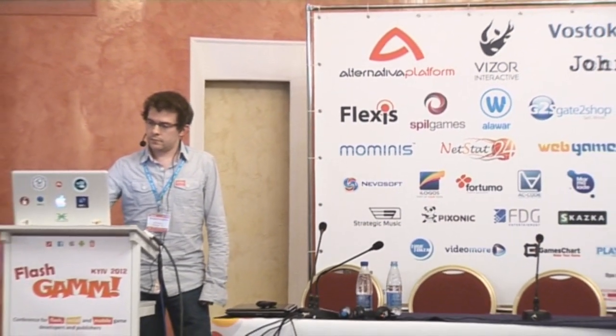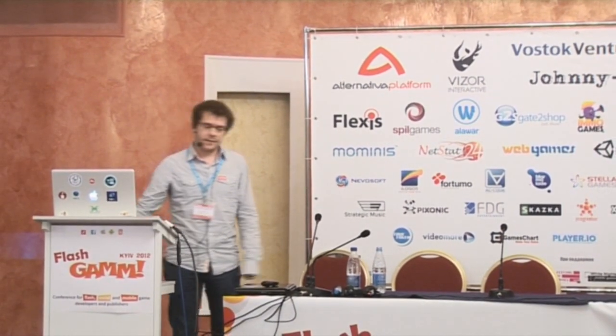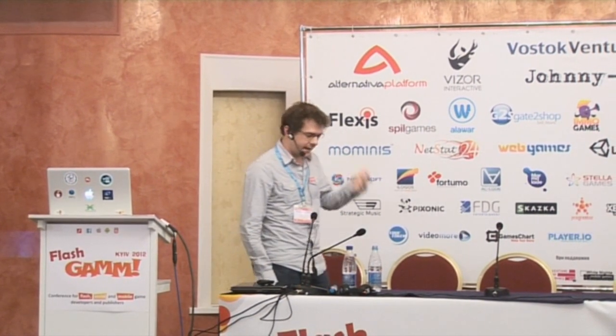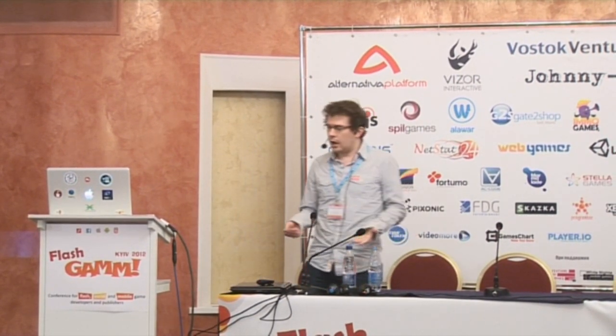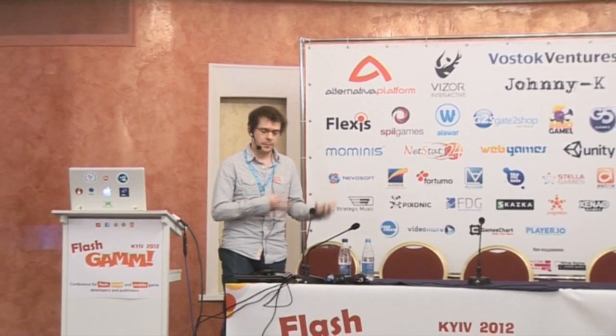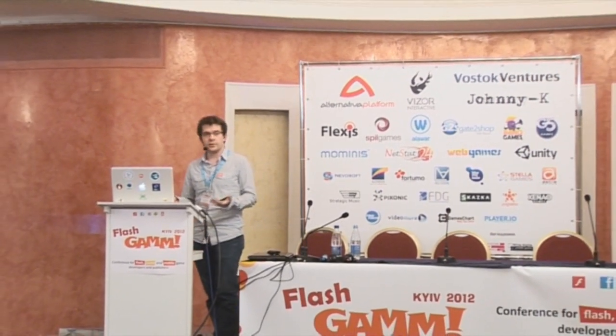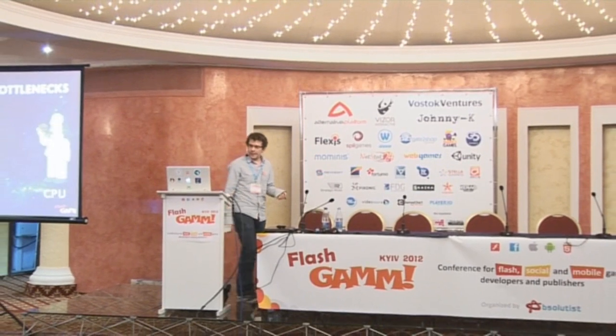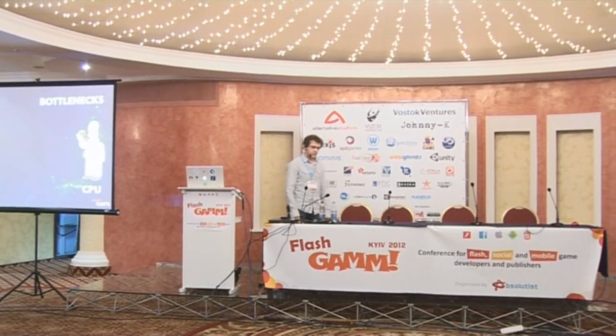And so, where does this leave us? We have a CPU and a GPU, and the issue is being able to balance all of these components effectively to produce good performance on a variety of devices. So if we're talking about performance, we really need to look at bottlenecks.